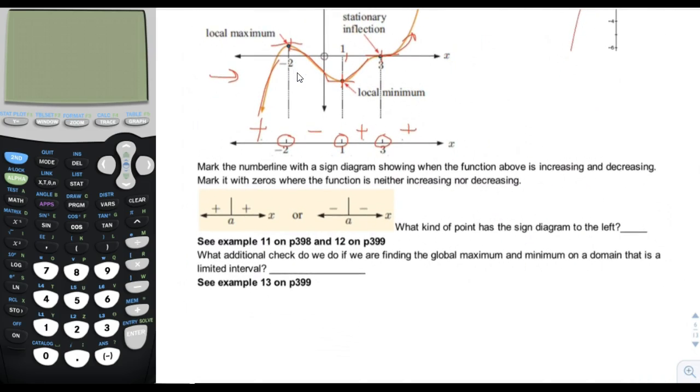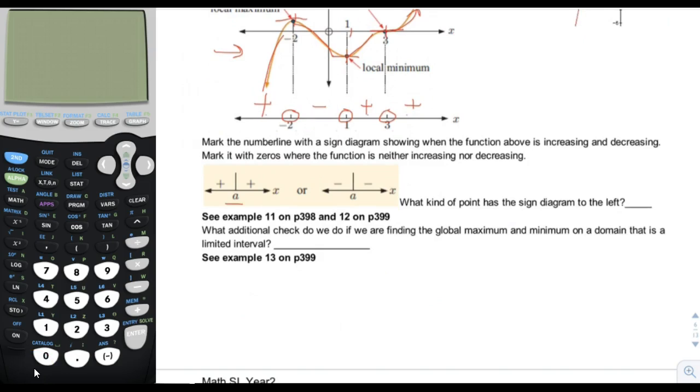All right. One thing about their notation is when they have this not dotted line here in the middle, I think that what that means is it's a 0 slope. So think of this as a 0 here and a 0 here. And so what they're saying is, what kind of function, not point, what kind of functions, because maybe there's two different ones, has a sign diagram to the left.